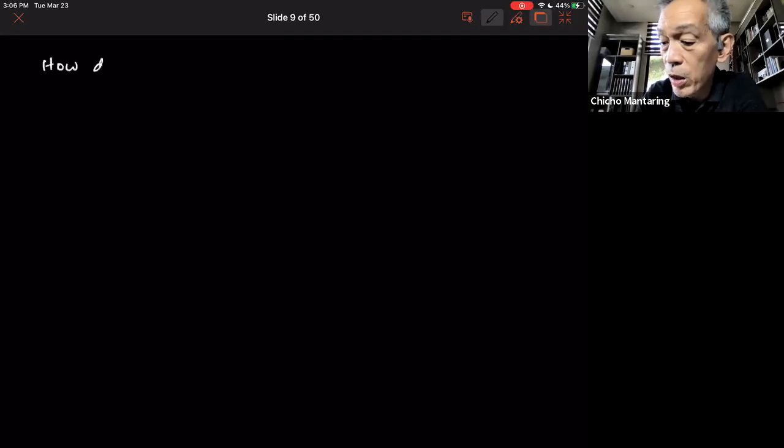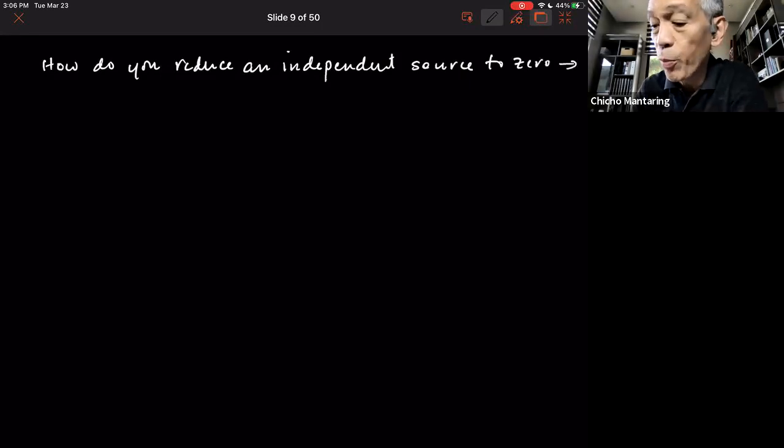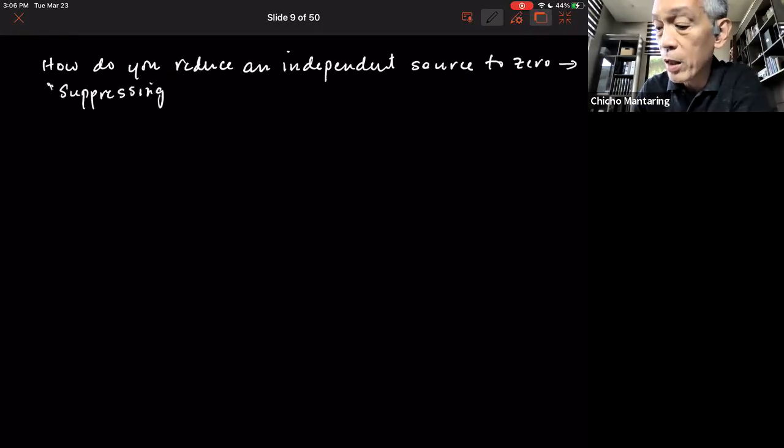Now, how do you reduce an independent source to 0? Another way of saying this is suppressing the source.